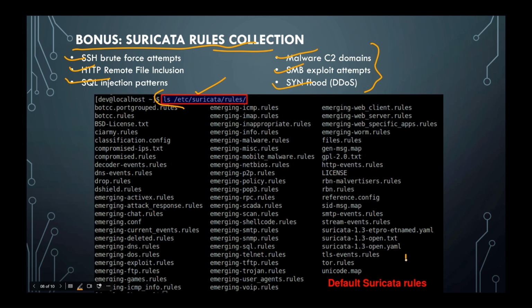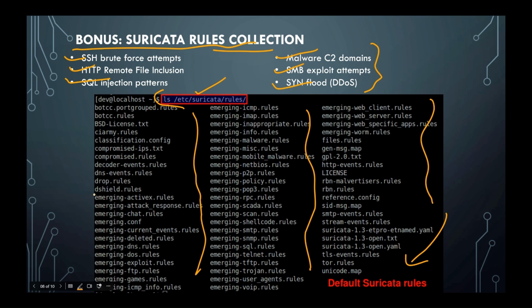These are the default Suricata rules. You can go and enable and configure according to your requirement. You can see a lot of emerging rules available, and also DShield rules, BSD rules, some HTTP rules, Suricata event stream SMTP rule, Tor browser rule, encoded unicode rule. So this is good.